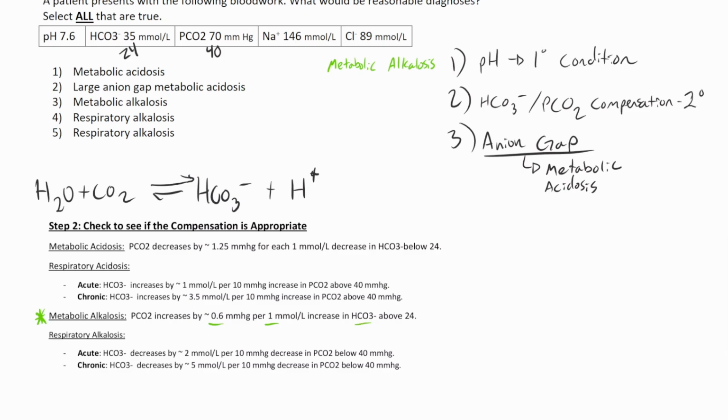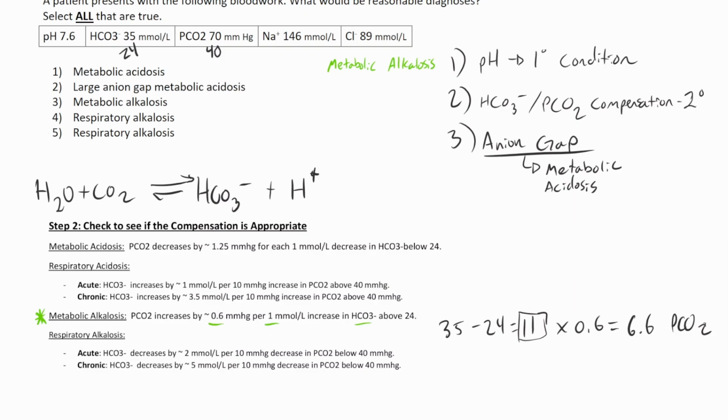Our increase in bicarb is 11. We have 35, 24 is normal, so we should expect an increase of 6.6 CO2. What we actually see is an increase of 30, which means that our ventilation is way down, or there's another issue with CO2. So somehow, our respiratory system is way overcompensating.